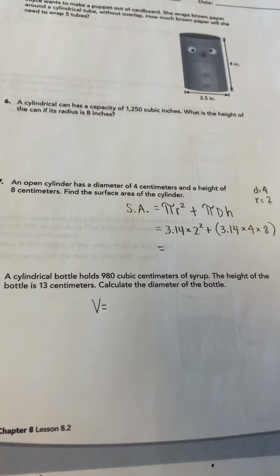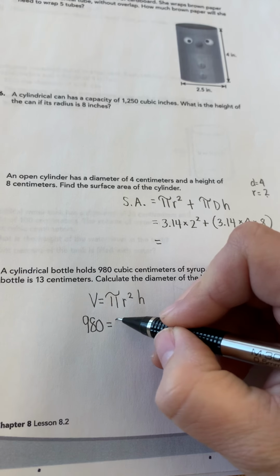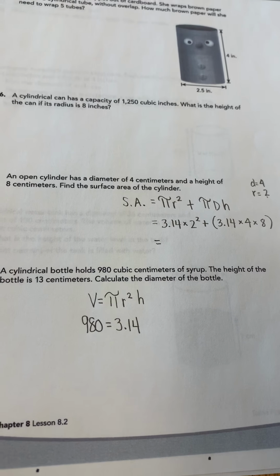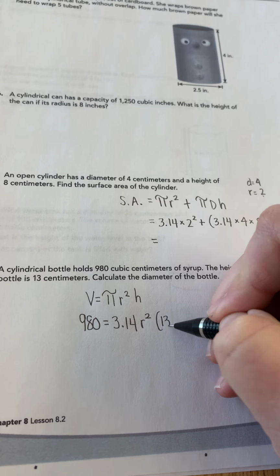So I'm going to put 980 in for V. 3.14 is for pi times the radius squared. Does it tell us the radius? It does not. Times the height. The height is 13.